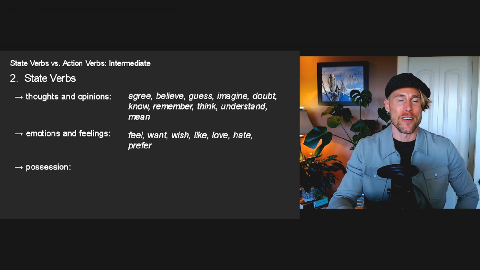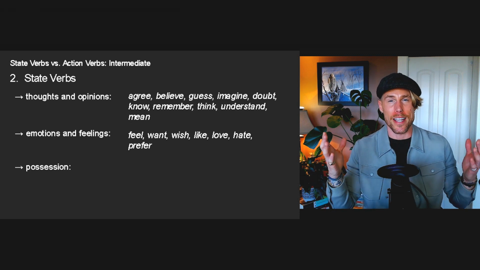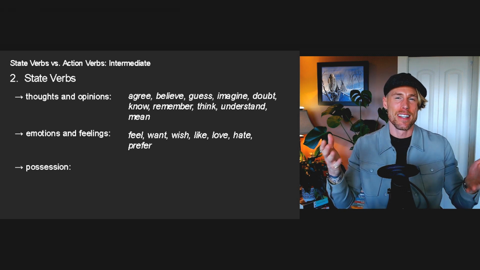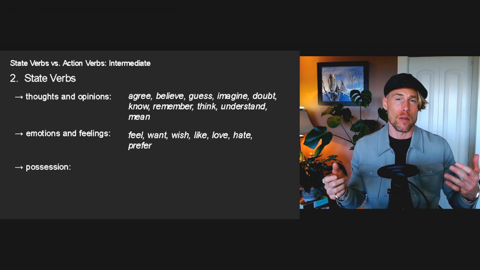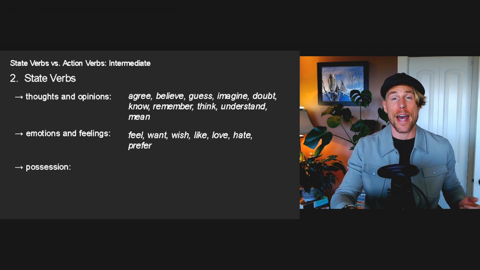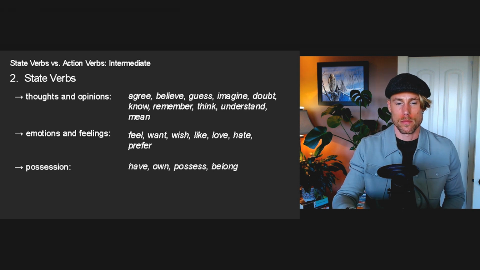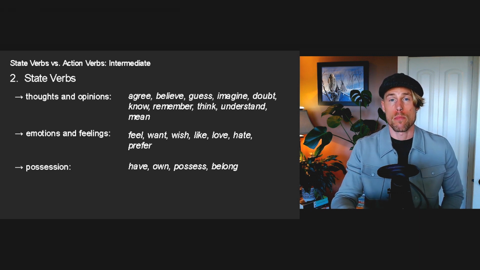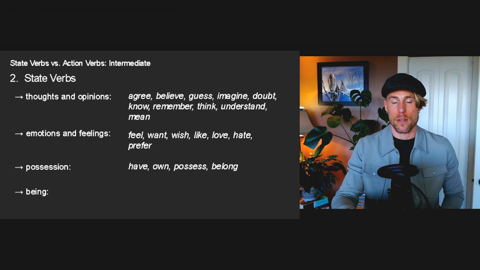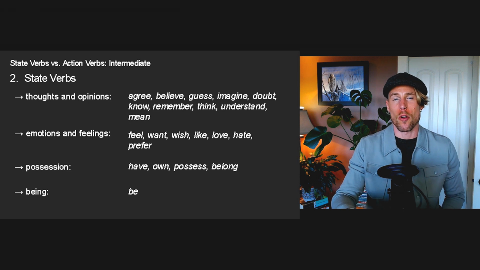Well, a girlfriend or a boyfriend is not a possession like a hat, but we use the same verb to express this. The verb is have. I have. So, have, own, possess, and belong. These are possession or ownership. And being, the be verb, is the most common verb for being.